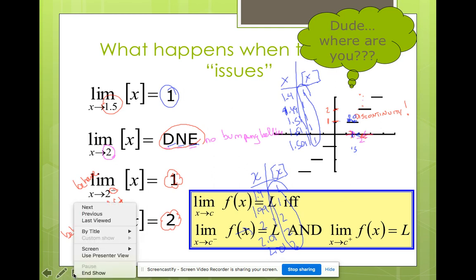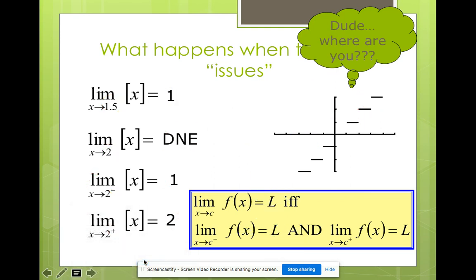So we just showed a theorem. The limit as x approaches a domain value of a function is a level if and only if, I didn't misspell this, it's if and only if the left behavior of the function is that same value and the right behavior of the function is that same value.